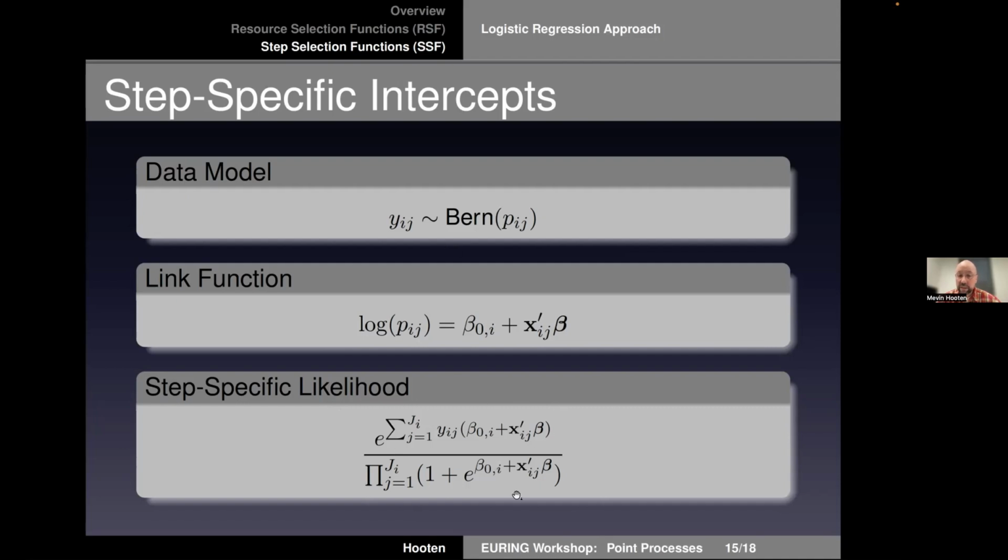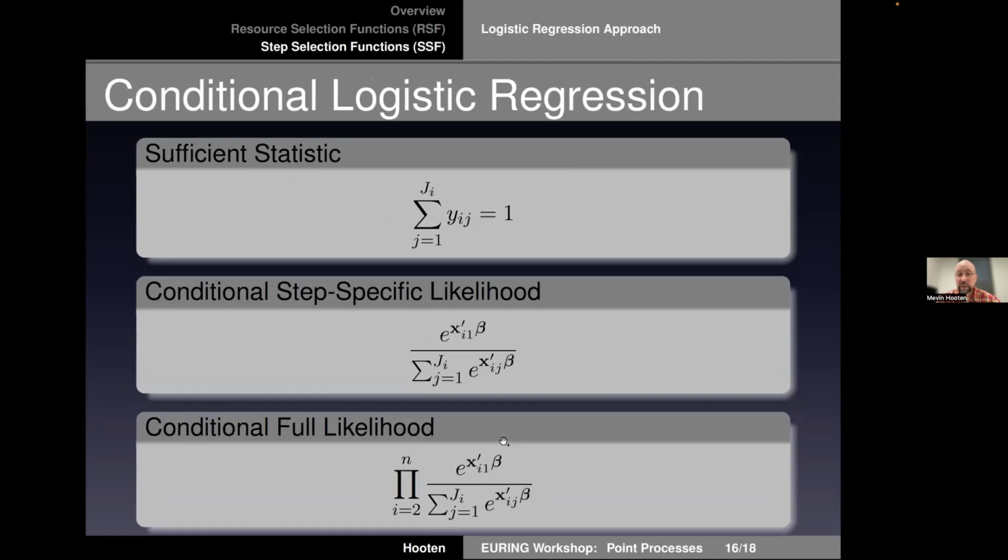Instead of this directly, you could use what's called conditional logistic regression. And the way that works is it conditions on this constraint that the yij's for each step I sum to 1, because you only have a single one in there and a bunch of zeros. And so you end up with a different likelihood component that looks like this. It actually simplifies quite a bit relative to the one I showed you before.